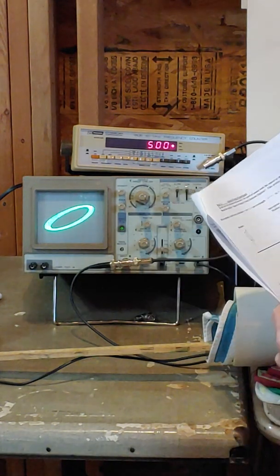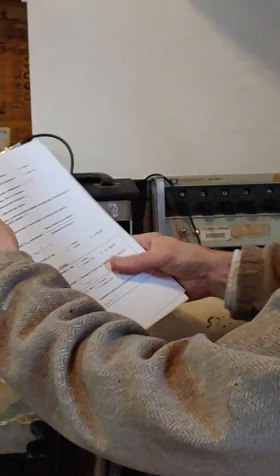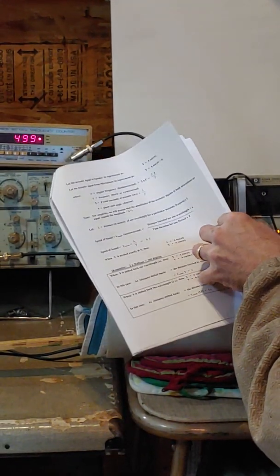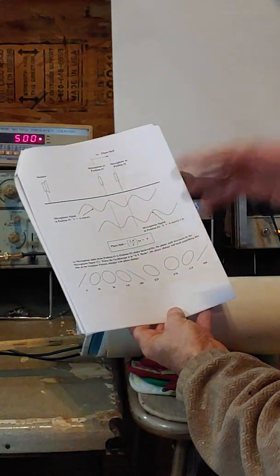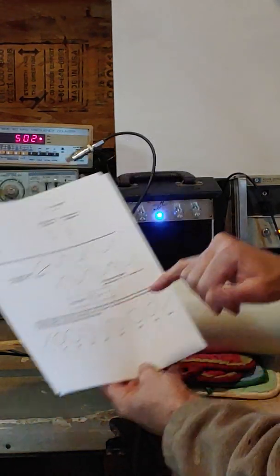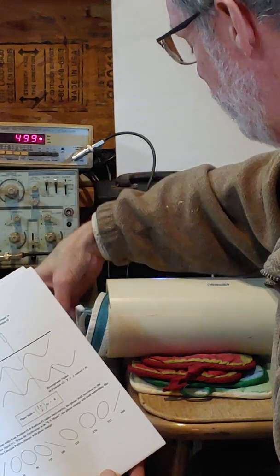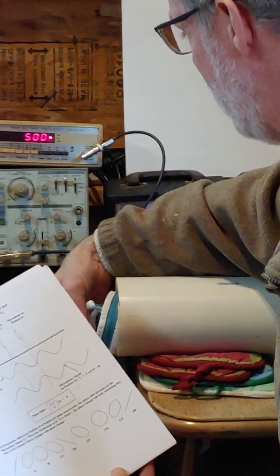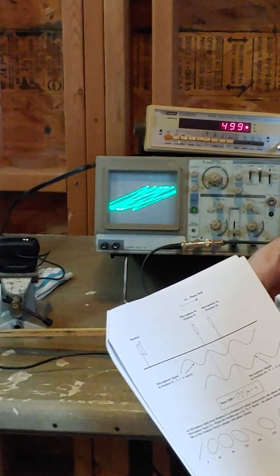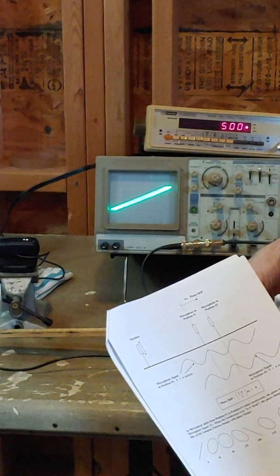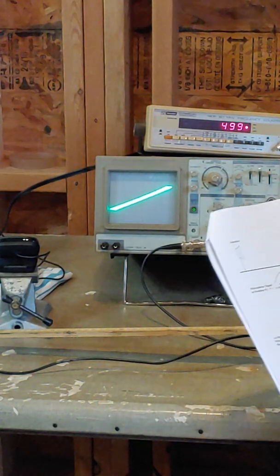And if you flip over to page 3 of the lab, it explains more about this. Please read page 3. But also look at page 4, where we demonstrate that if the 2 signals are exactly in phase with each other, we get a perfect 45-degree line, like that. Okay.